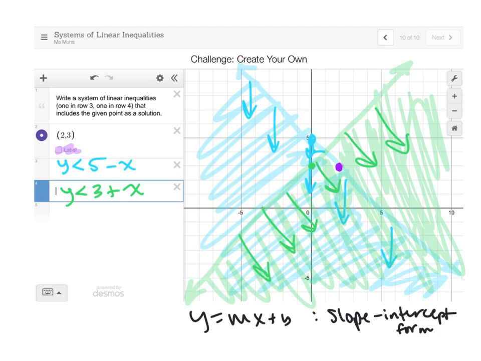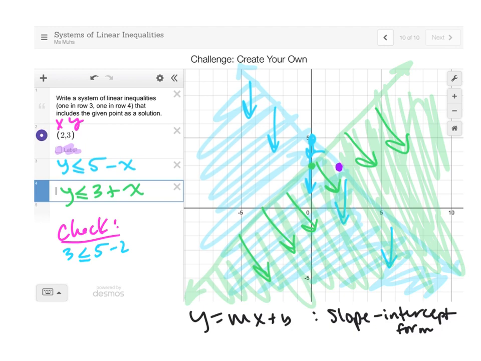Okay, and then the other thing you can do is check. Let's do that real quick, just so we have an example. So if this is x and this is y, for number 1, I'm saying is 3 less than 5 minus 2? Oh, I need those to be equal because I drew a solid line.